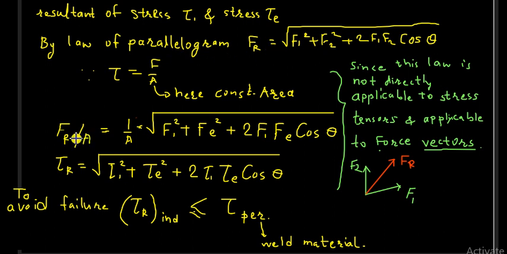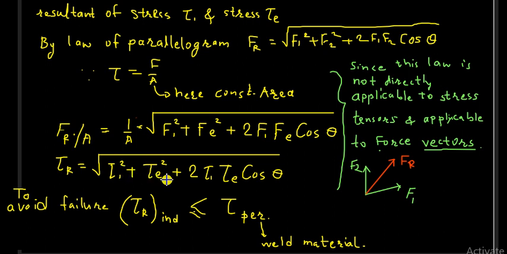So once we divide by A on both sides, we will get a relation for the resultant shear stress like this: tau r equal to root of tau 1 square plus tau e square plus twice tau 1 tau e into cos theta. Here we are representing tau 2 as tau e, that is due to eccentricity, which is nothing but the torsional shear stress.